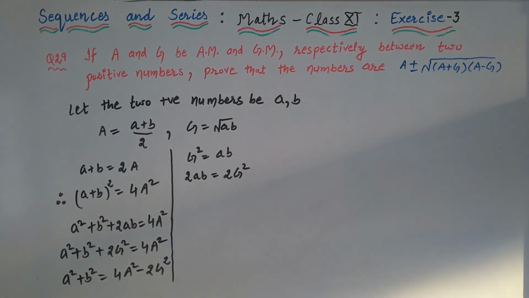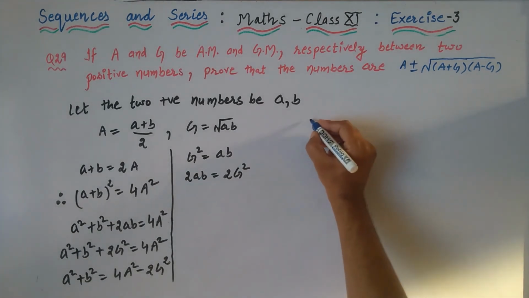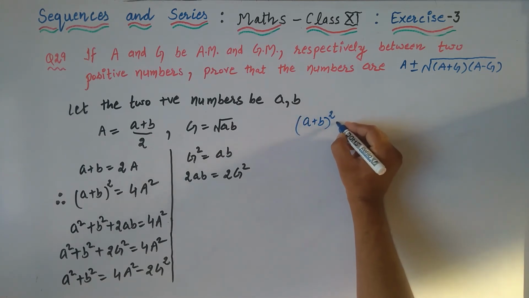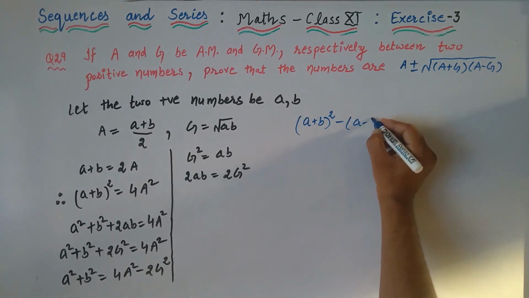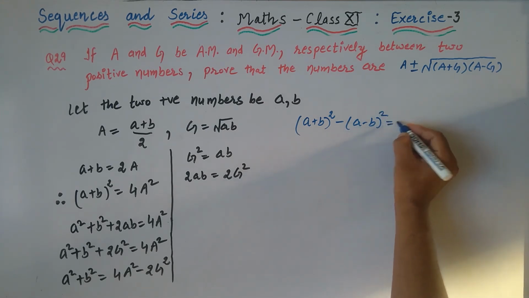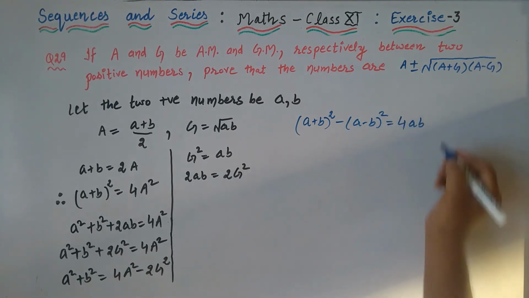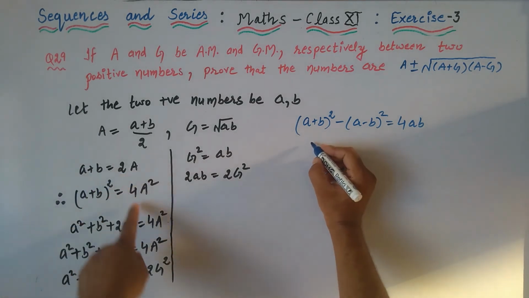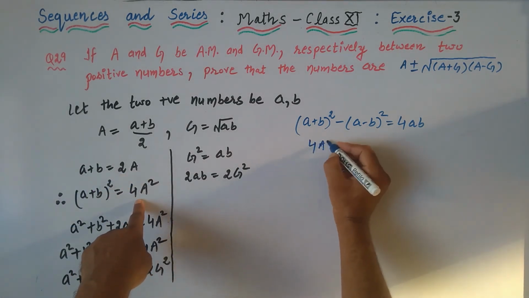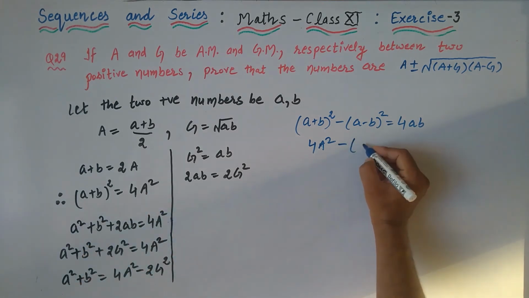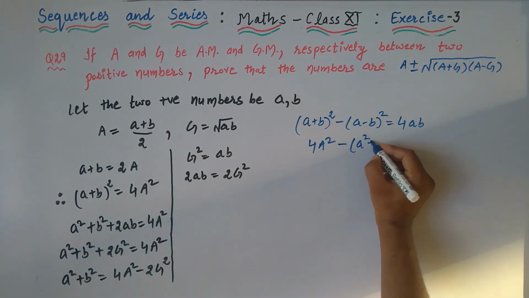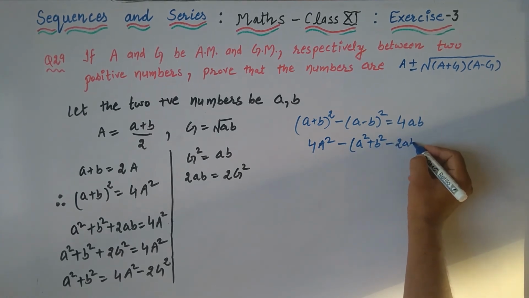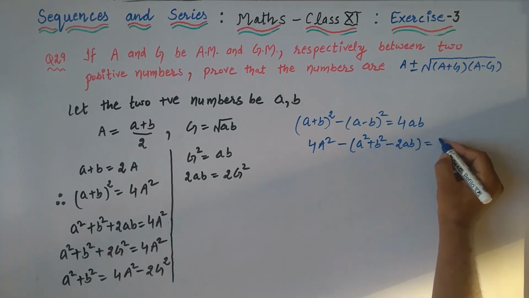Now we recall one identity which is like this: (a plus b) whole square minus (a minus b) whole square is equal to 4ab.